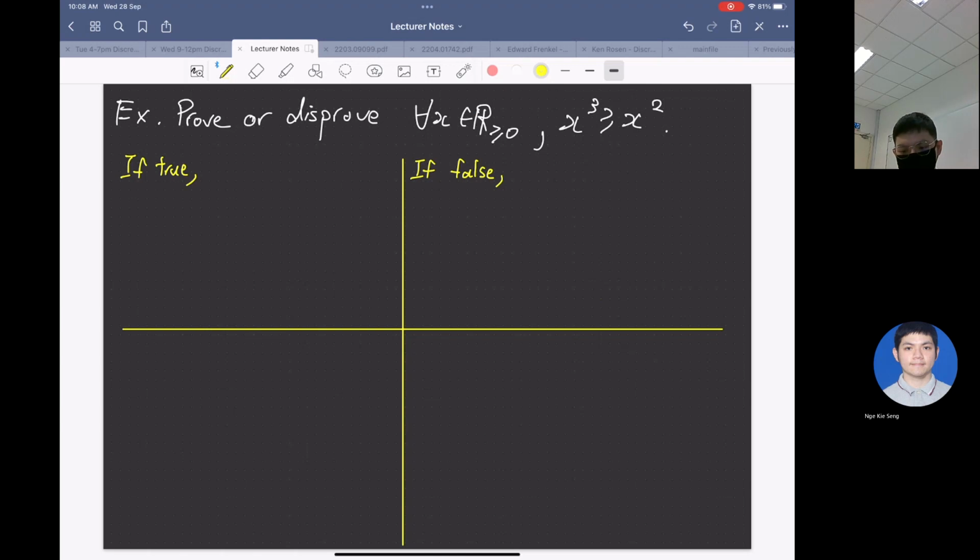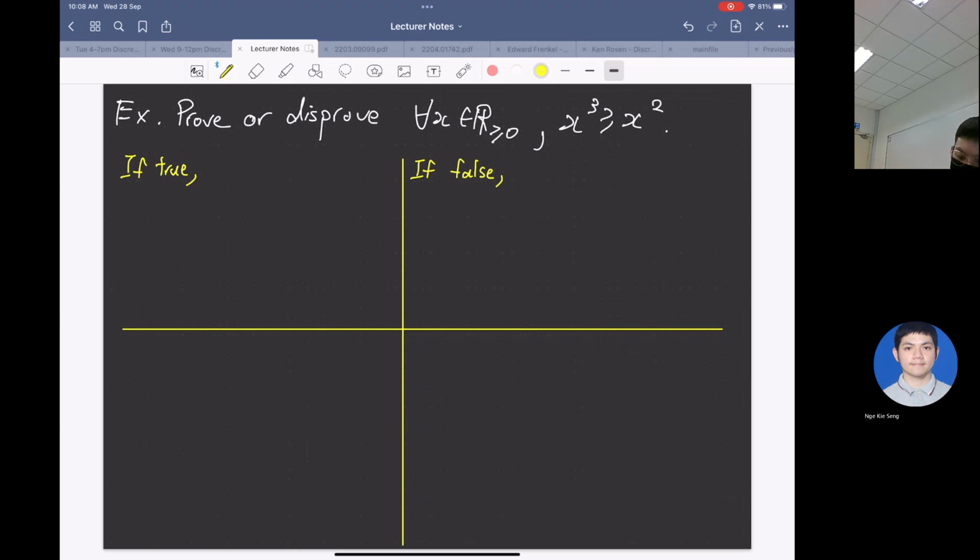Okay, let's discuss a strategy. For example, maybe I also don't know whether it's true or not, so I need to test. Suppose I want to show that it is true. That means for every x in the non-negative part, I need to show that x cubed is greater than or equal to x squared.